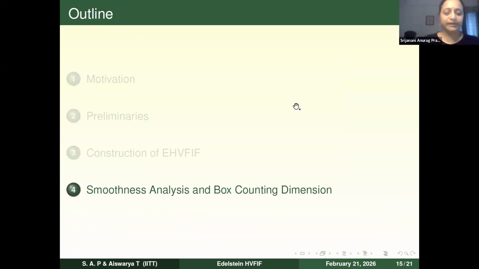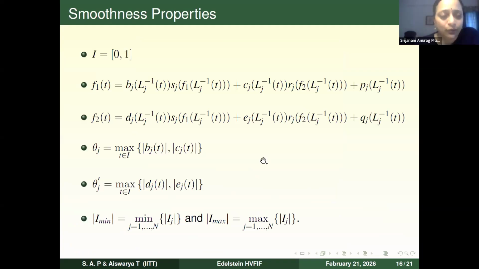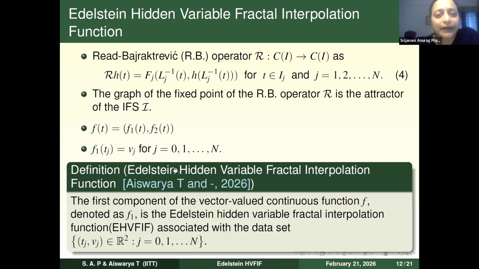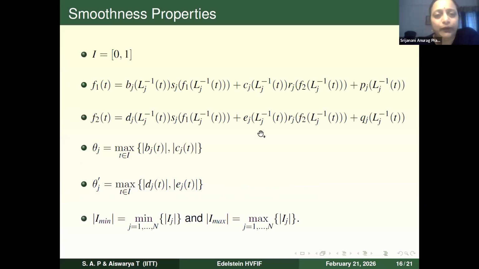Now we will see a few results for smoothness and box counting dimension. So see the smoothness result. For simplicity, I am taking the closed unit interval. By the construction, using this Read-Bajraktarević operator, my fixed point components F1 and F2 satisfy these self-referential equations.